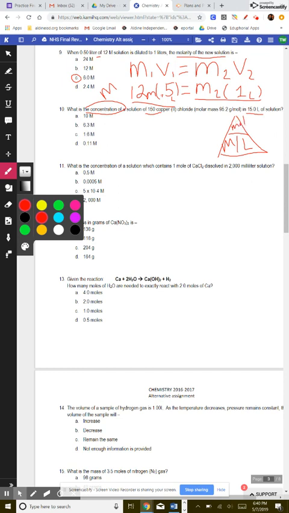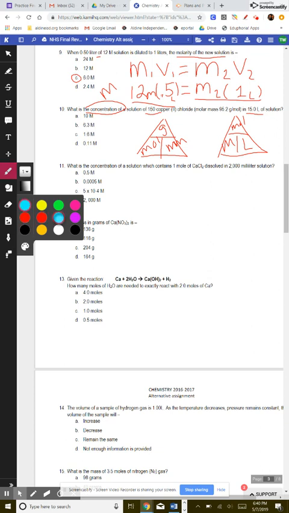So if I want concentration, I cover up the M, that means I need mole over liter, but I don't have moles. I have 150 grams. So I need to do the other triangle that will give me grams. I have that, molar mass, and mole.